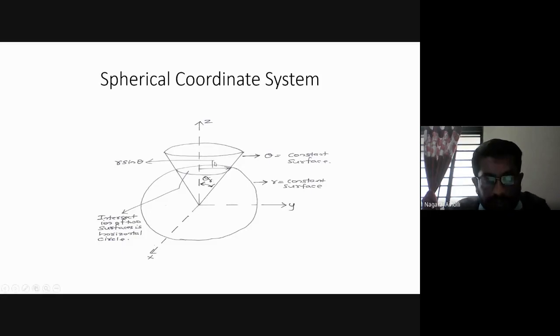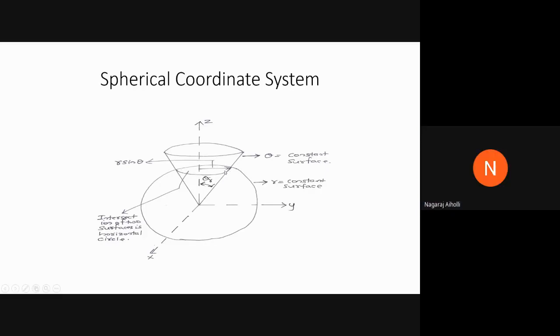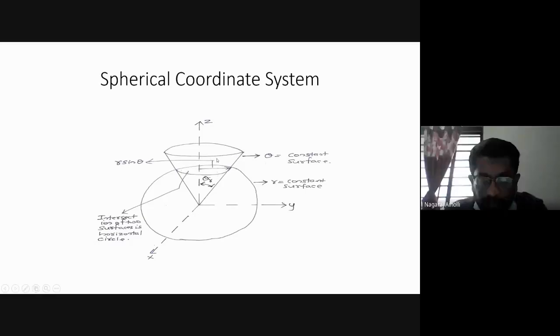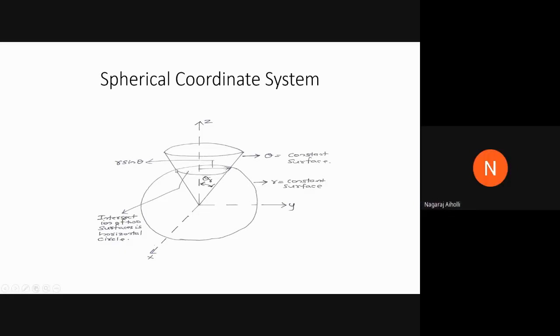This is the intersection that we are getting. This is the radius r, and this is the angle theta. Hence, when this right circular cone intersects this sphere, at the point of intersection there will be a circular region. The intersection of two surfaces is a horizontal circle. Clear here?